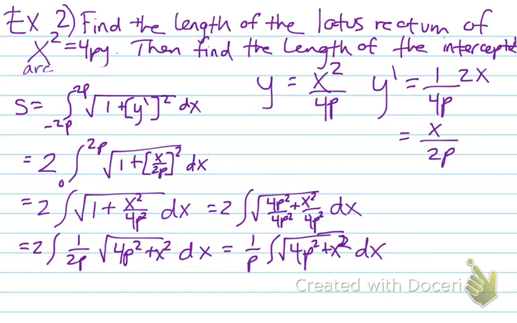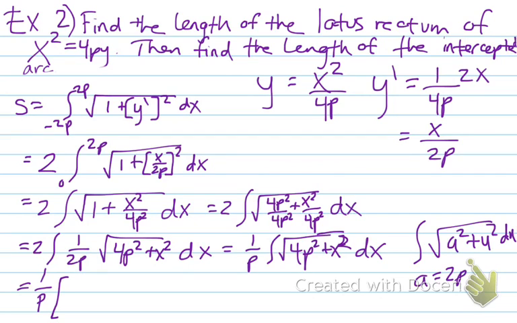Now hopefully that looks familiar, because that's the integral of the square root of a squared plus u squared du. That's one of our integration rules. So when I integrate it, I get 1 over p, and then the integral, where a, by the way, is equal to 2p, and u is equal to x.